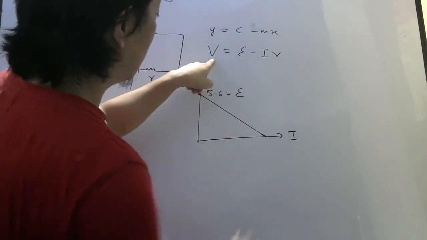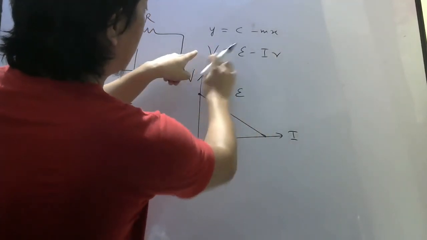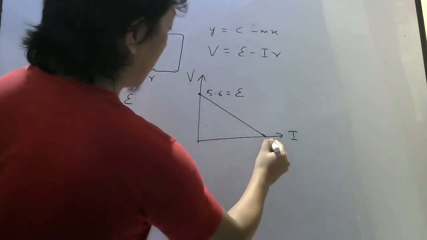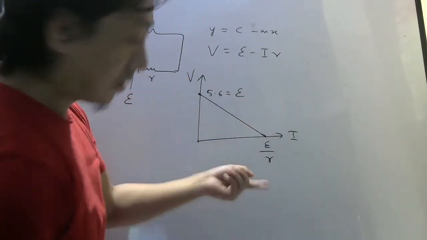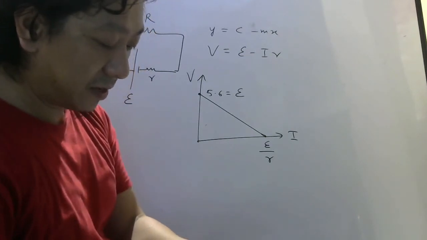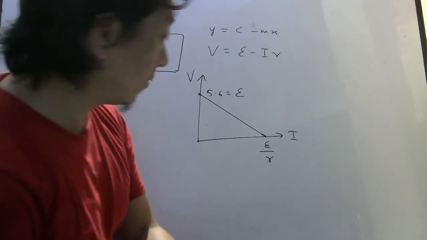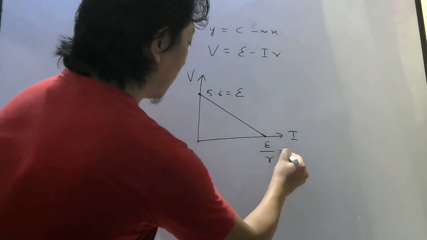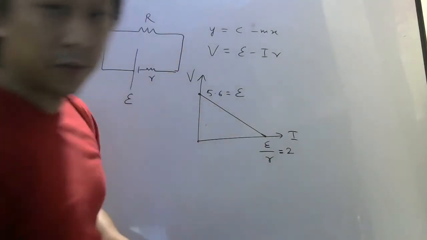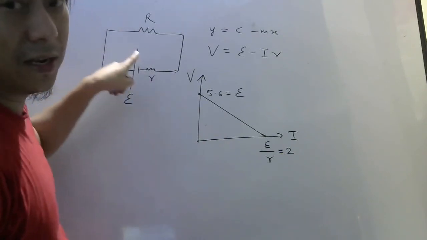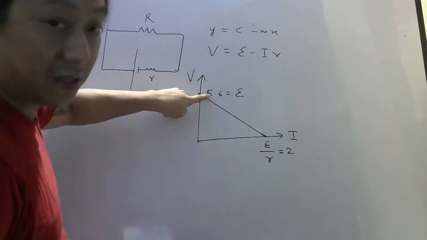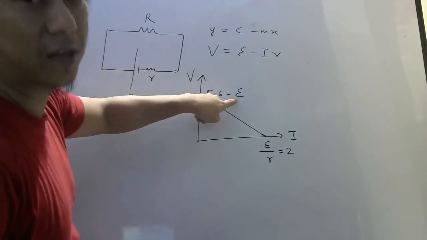And this will be when V is 0. If V is 0, what will be I from here? E by R. So this will be your E by R, this point. And if that point is given as, let's say in this question it was 2, then 2 like that. So if there is more than one cell, then this point, whatever number is there, that will be your E equivalent.